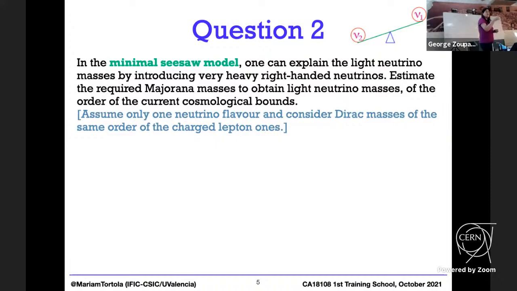So have they already got the slides, Jose Manuel? Yeah, from this morning. So you have them on the website. So maybe you want to check. Already there.